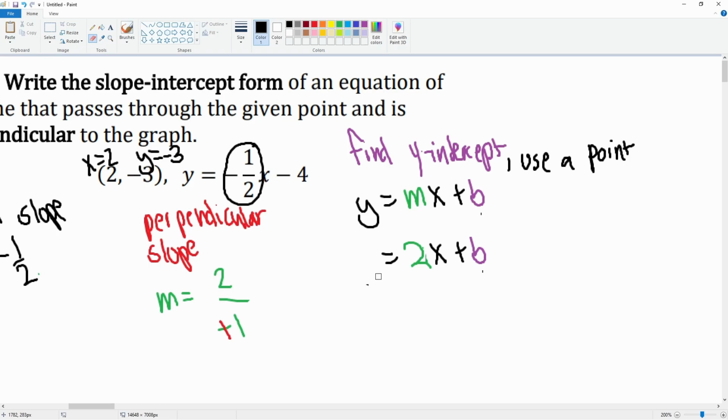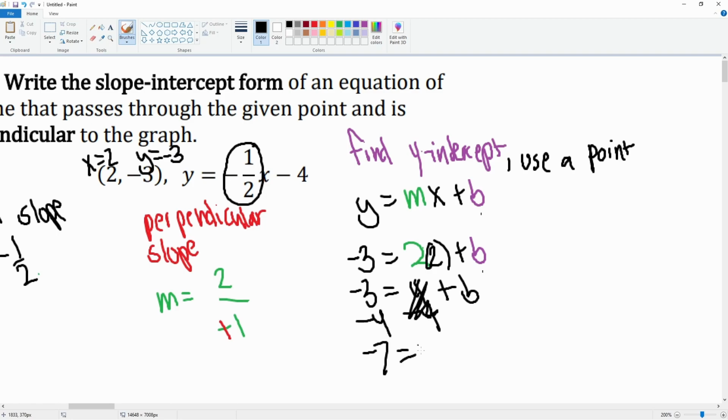The y is, it says here, -3. And the x here says it is 2. And we leave b alone. 2 times 2 is 4. So we subtract 4. This cancels, leaving you with -7 is equal to b.